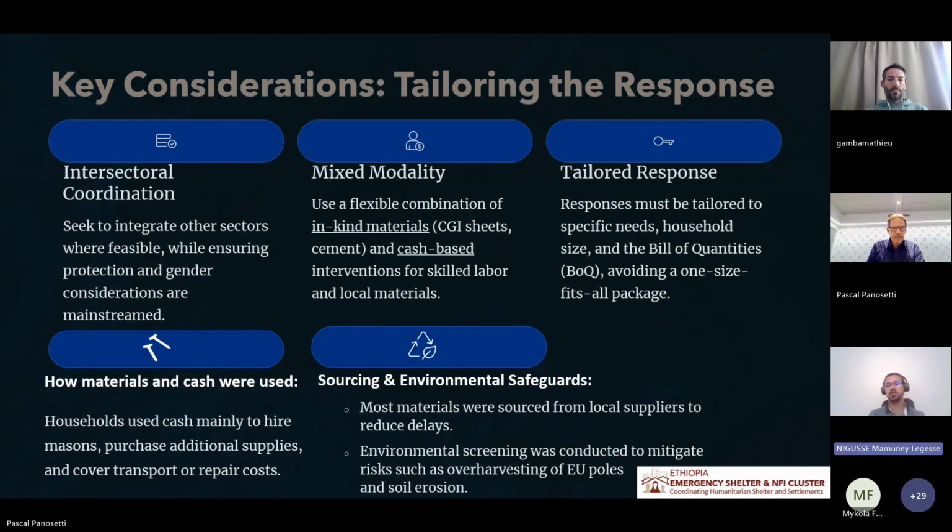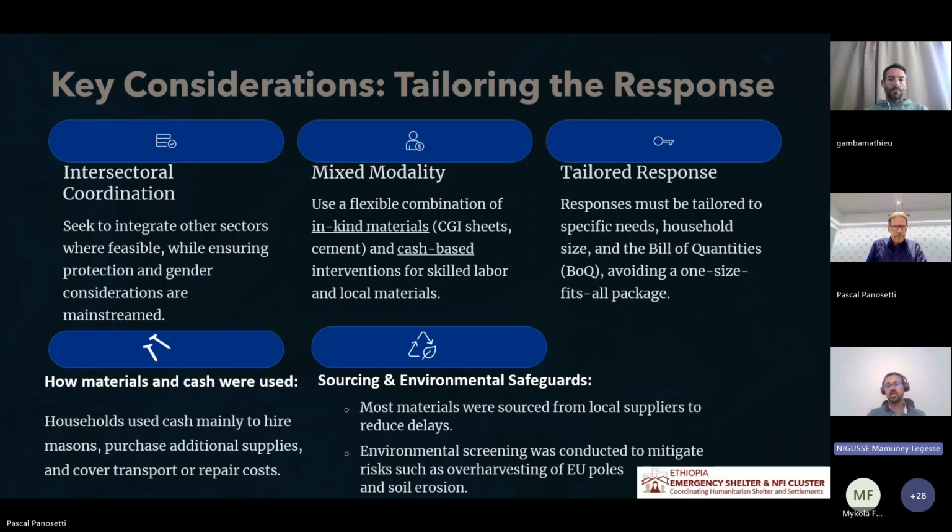The in-kind materials are procured within the local supplies to avoid any delays, and significant attention has been provided to mitigate any environmental risks wherever we harvest the eucalyptus poles from the nearby location. So basically, the suppliers are legally recognized and have the capacity to mitigate any risks related to the environment.